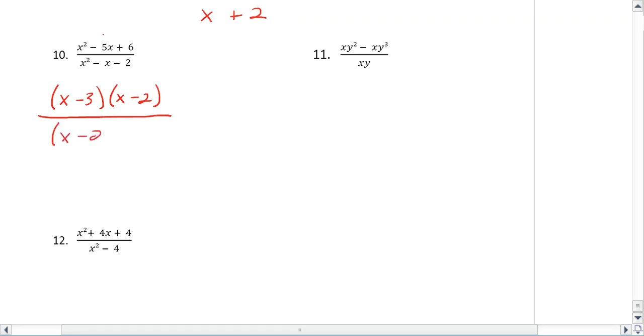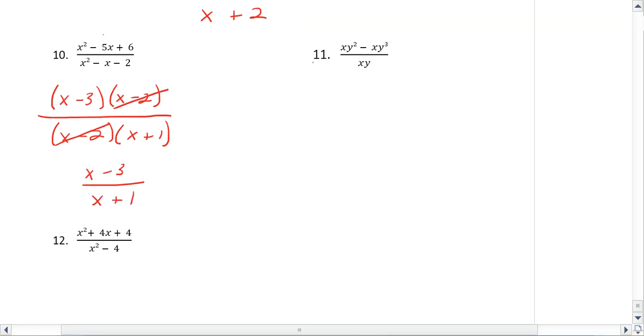That would be x minus 2 and x plus 1. And again, FOIL to check to make sure you factored correctly. So now I can cancel some binomials. This x minus 2 cancels with this x minus 2. And my final simplified answer is x minus 3 over x plus 1.